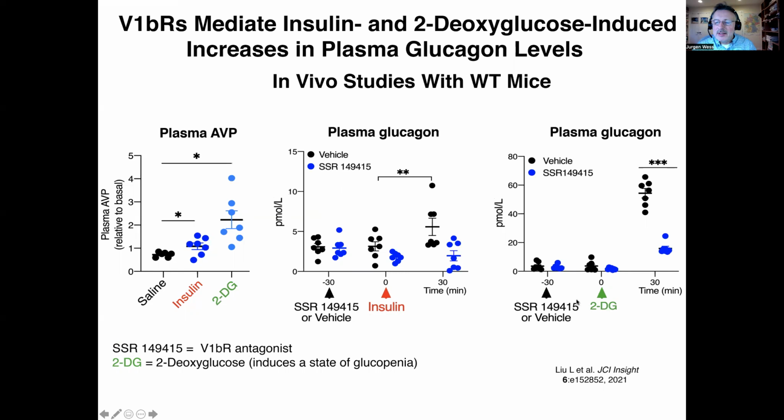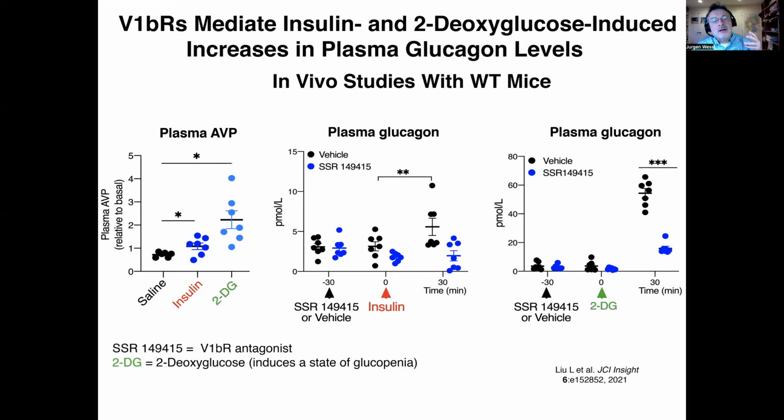Strikingly, the insulin and 2-DG mediated increases in plasma glucagon, represented by the black circles, were either completely abolished or drastically reduced after pre-treatment with the V1b receptor antagonist.